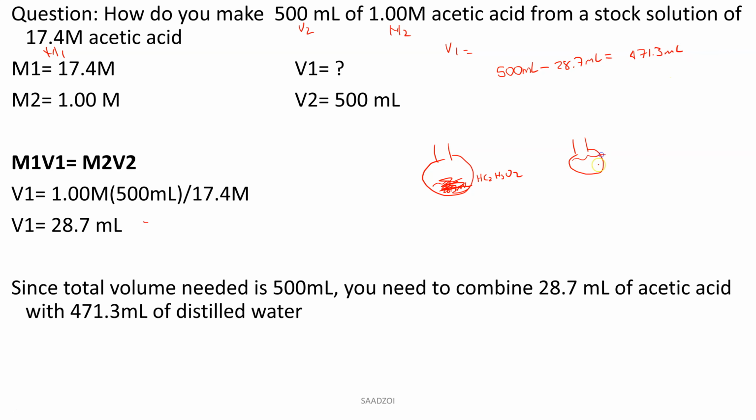So you're going to fill this up with 471.3 milliliters of water, and then you're going to add 28.7 milliliters of your acid, and that's going to create the dilution you're looking for. So now you're going to have 500 milliliters of this solution with exactly a concentration of 1 molar. So that's how you make that solution.